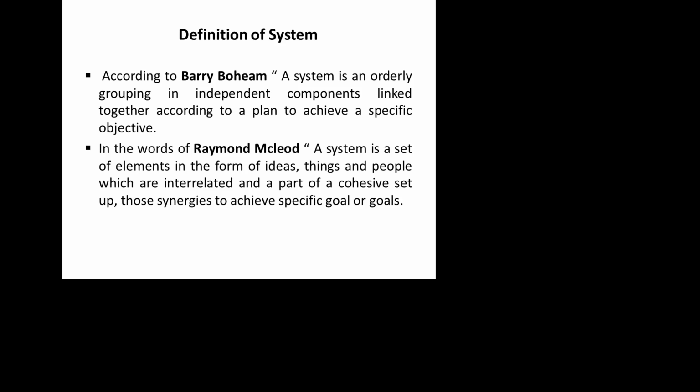In the words of Raymond McLeod, a system is a set of elements in the form of ideas, things, and people or human resources which are interrelated and a part of a cohesive set up, and these synergize to achieve a specific goal or objective of a business entity.